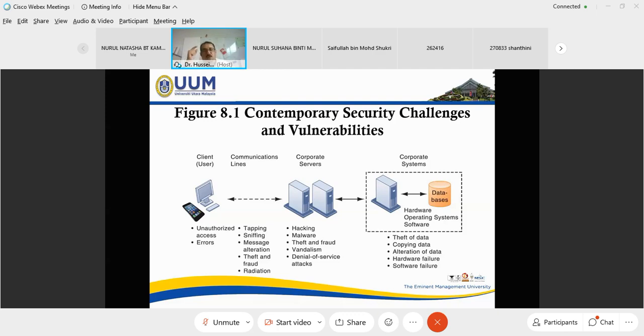In a corporate system, we still have theft of data, copying data, alteration of data, hardware failure or software failure. So at each stage of communication, we have security challenges or vulnerabilities. Companies have to find procedures, security, and controls to overcome them.